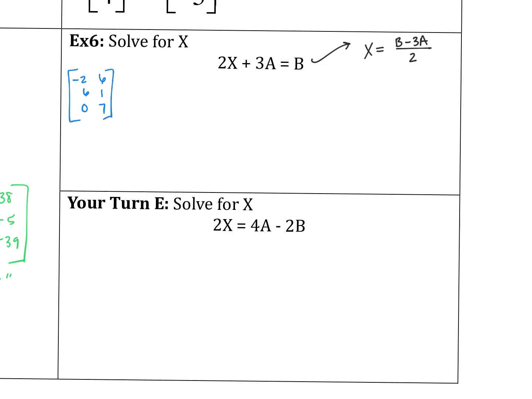We're going to subtract away 3 times matrix A. So matrix A times 3. So 2 times 3 is 6. Negative 1 times 3 is negative 3. 6 times 3 is 18. 4 times 3 is 12. 0 times 3 is 0. And 2 times 3 is 6.